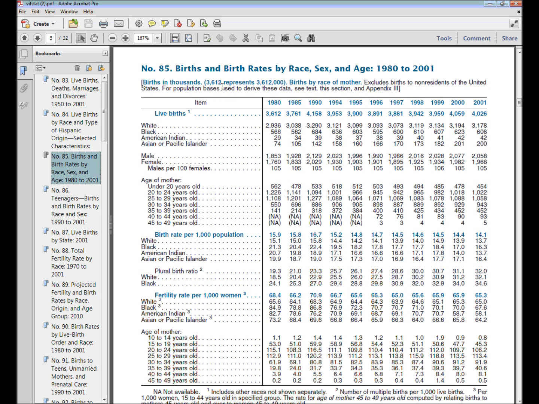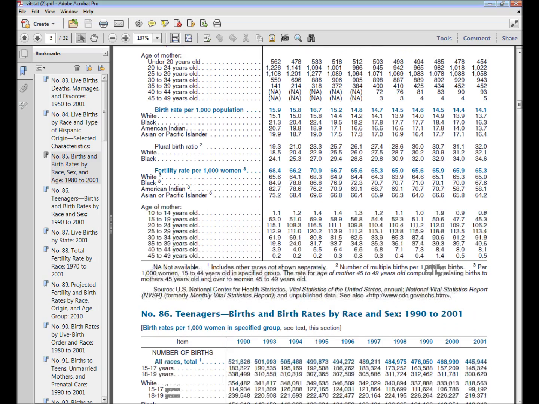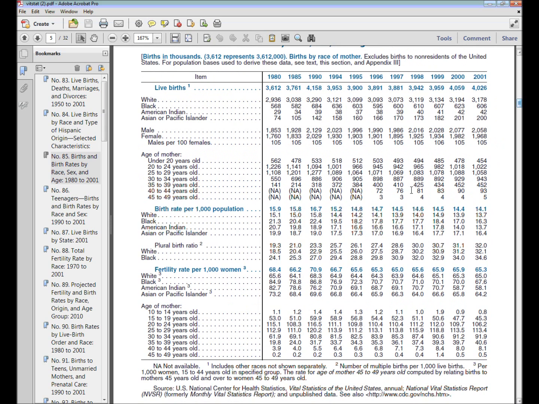It's not thousandths, but thousands, and births by race are by the race of the mother. And note that it excludes births to non-residents of the United States, and note that we have lots of footnotes here, so it's important as you go through this table that you understand what the footnotes are telling you.